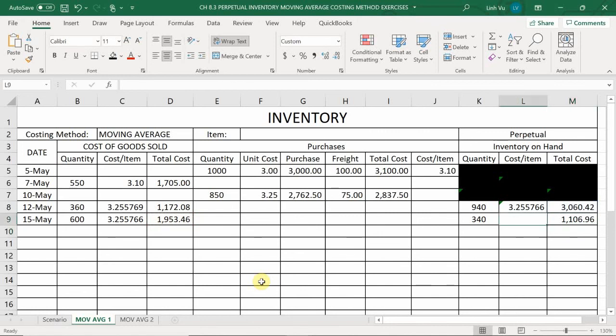Good. So then that brings my new average cost per item to be 3.255765. Okay, so it dropped another 100,000th of a penny. Boom.